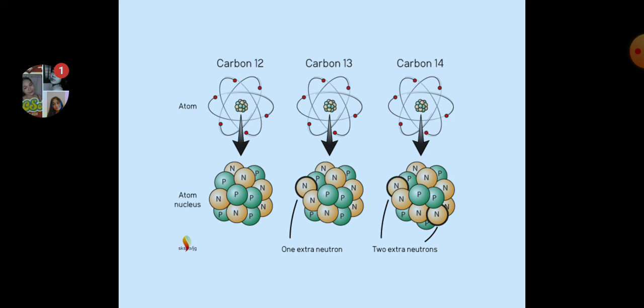Pero class, as discussed, I'm sure familiar naman kayo dito, yung process na yun, it involves the release of energy. Okay? Kaya yung mga radioactive na yan, meron silang effect kasi nagre-release sila ng energy dun sa process na pag-decay.